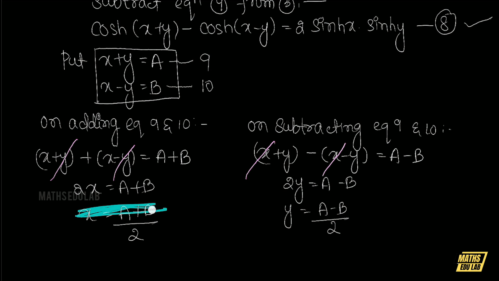We have the value of x here, and we have the value of y also, and then we have to substitute the values for x plus y and x minus y also.